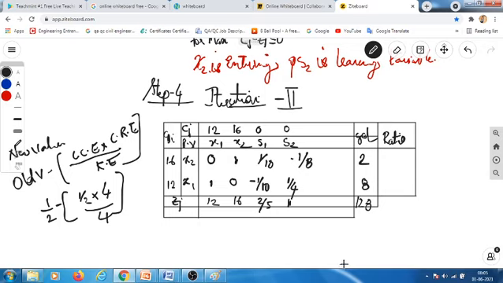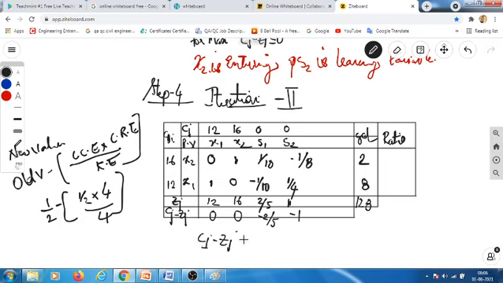Now the next step is to calculate Cj minus Zj. 12 minus 12, the value is 0. 16 minus 16, the value is 0. 0 minus 2 by 5 is minus 2 by 5. 0 minus 1 is minus 1. So, look at all these Cj minus Zj values.